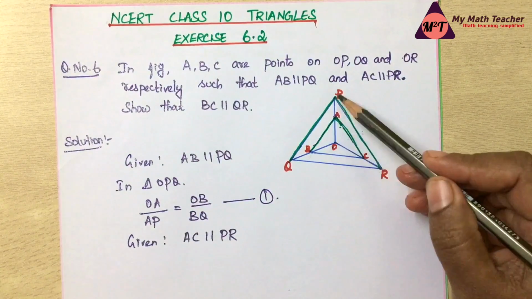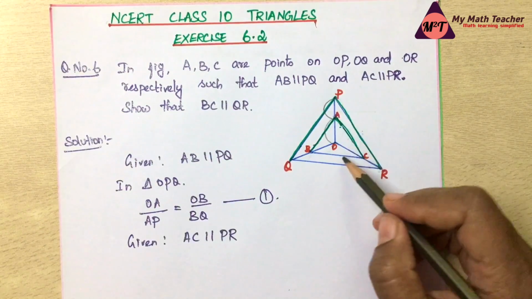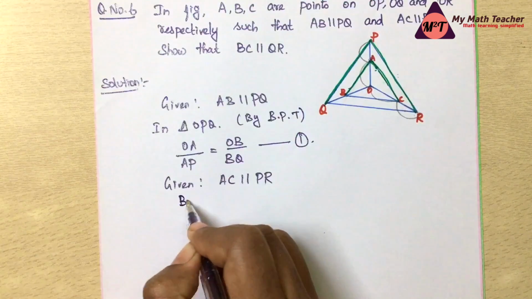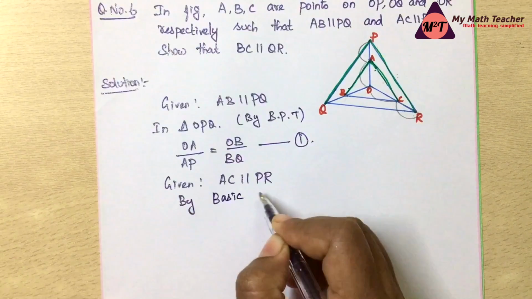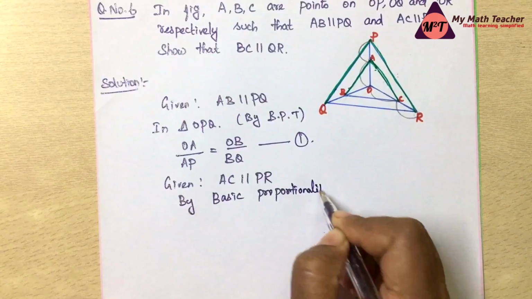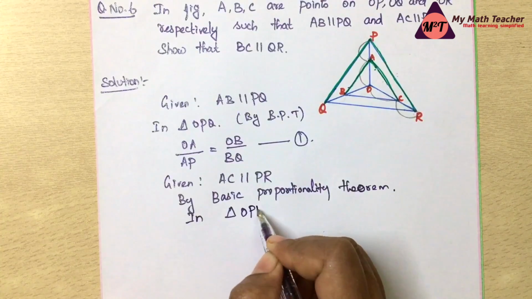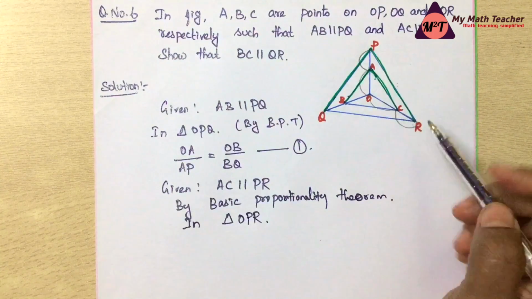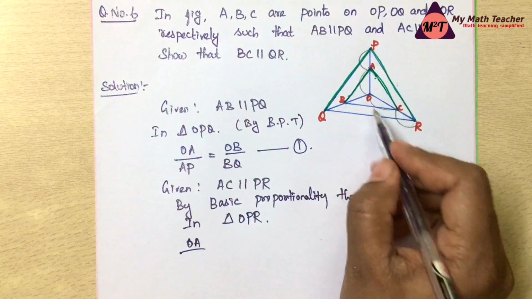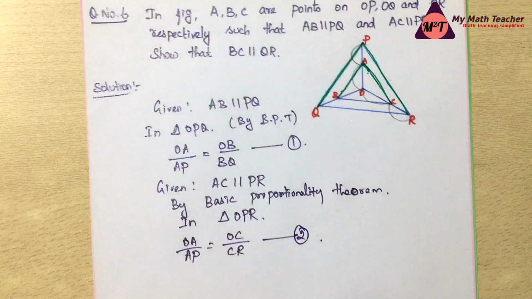In the triangle OPR, we can say OA divided by AP is equal to OC divided by CR, by basic proportionality theorem. In triangle OPR, OA divided by AP is equal to OC by CR. Let us consider this as equation number 2.